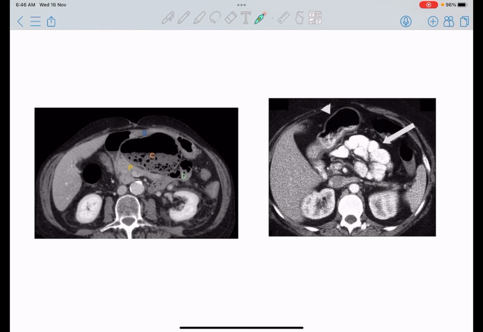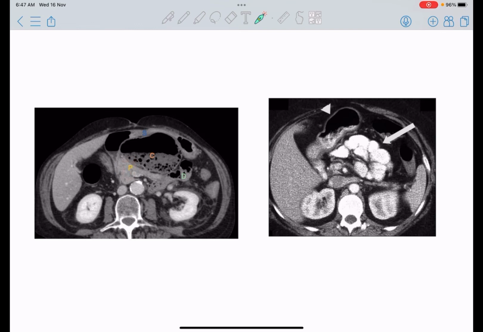A careful examination of the CT scan for hernia through lesser omentum will show that a dilated bowel loop will appear like this, and anterior to this dilated bowel loop lies the stomach, suggested by letter S, and posterior to this bowel loop lies the pancreas.